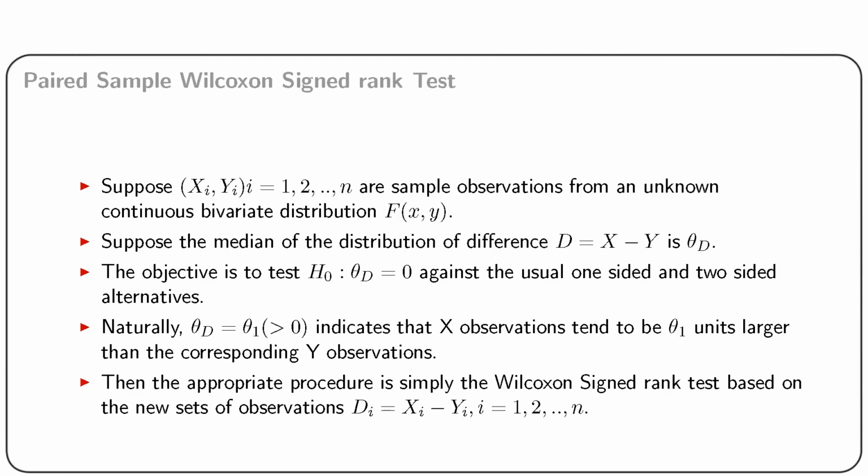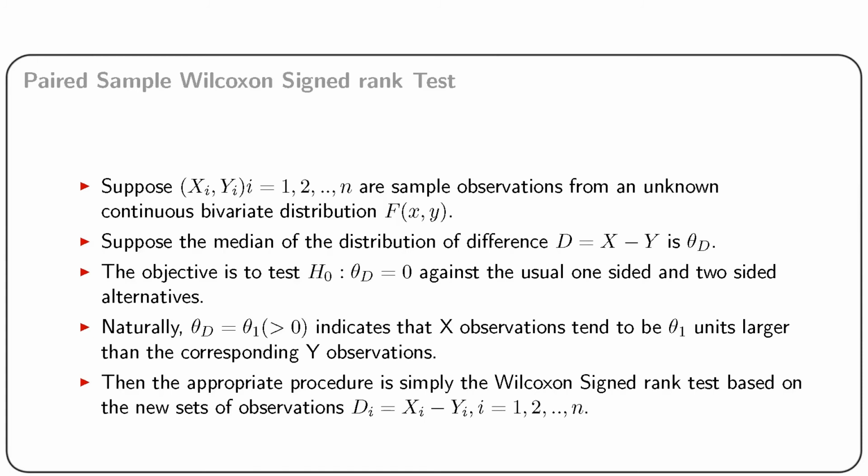Thus the objective is to test the null hypothesis theta_D equal to 0 against the usual one-sided and two-sided alternatives. Naturally, theta_D equal to theta dash indicates that X observations tend to be theta dash units larger than the corresponding Y observations.